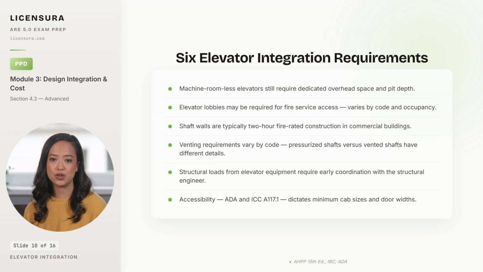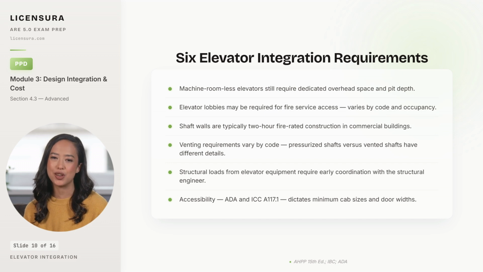Fifth, the structural loads from elevator equipment require early coordination with the structural engineer because the loads land at specific points the engineer needs to know about during structural sizing. Sixth, ADA and ICC A117.1 dictate minimum cab sizes and door widths, and those numbers drive the shaft dimensions, not the other way around. Sprinklers and smoke control add their own layer.